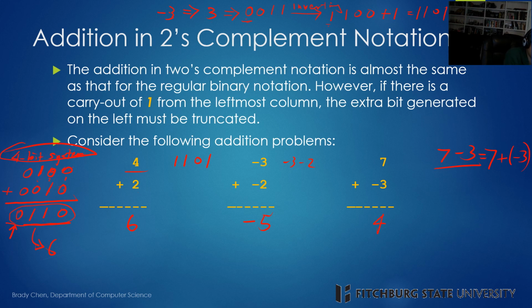Now the 2's complement notation for -2: we take the absolute value 2, which gives 0, 0, 1, 0. That's the 2's complement notation for 2. Then we invert it, so 1, 1, 0, 1, and then we add 1, so we get 1, 1, 1, 0.